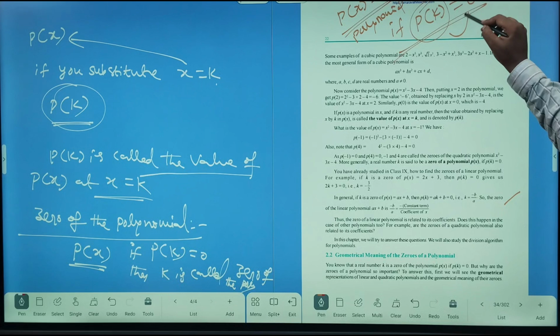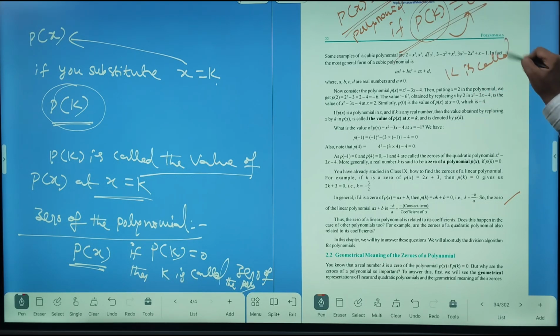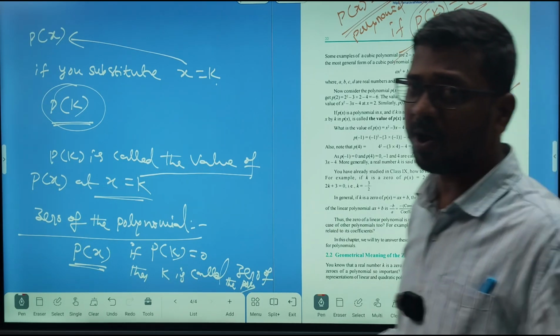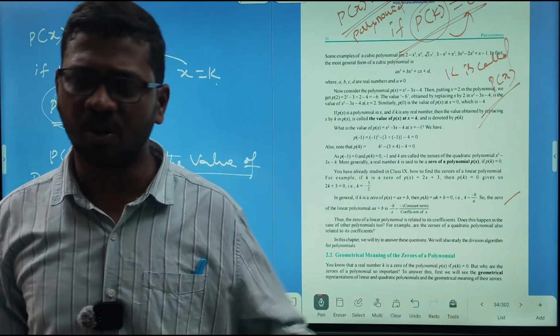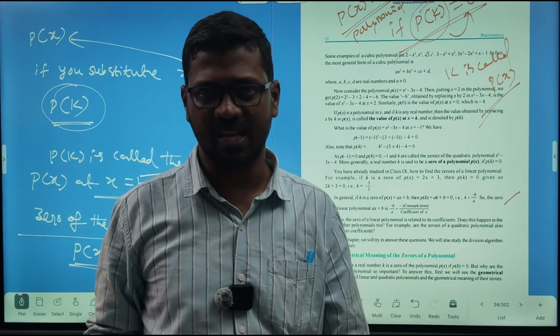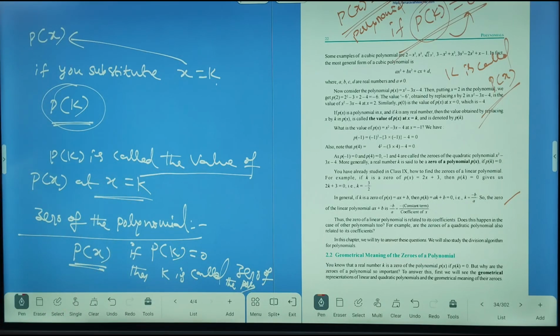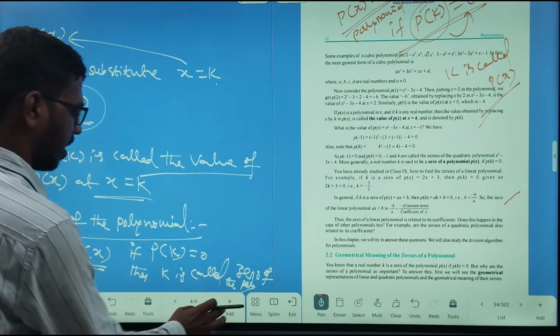If p of k is equal to 0, then k is called a zero of the polynomial p of x. Why? Because if you substitute k in the polynomial p of x, it becomes 0. That is why k is called a zero of the polynomial p of x. That is the definition of the zero of the polynomial, and it is important also.